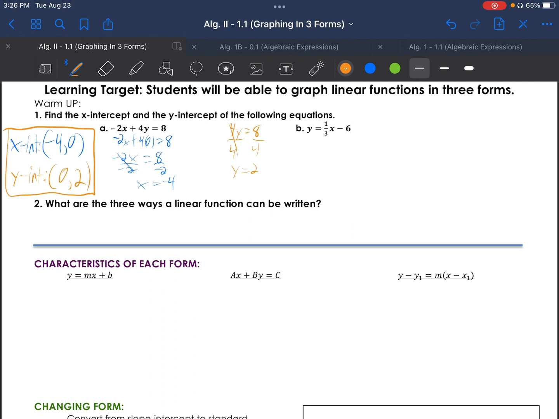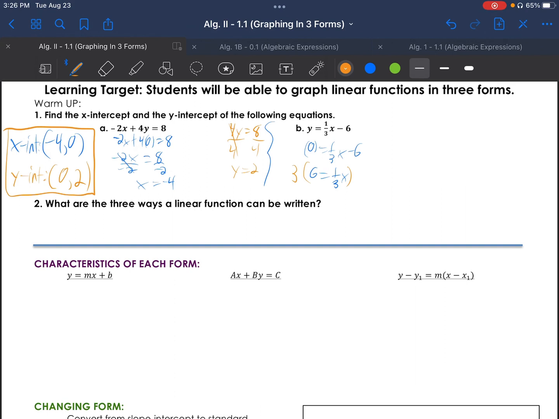We'll do the same thing on the next problem. So for the next problem, 0 equals 1/3 x minus 6. Add the 6 to both sides to get 6 equals 1/3 x. Multiply both sides by 3, or 3 over 1. So you can write it on each side in its own separate parentheses, or you can write it as one big parenthesis and say, hey, we're multiplying the whole equation by 3.